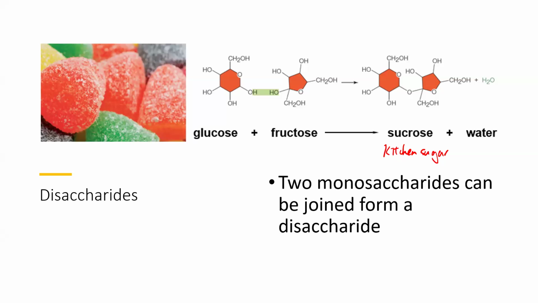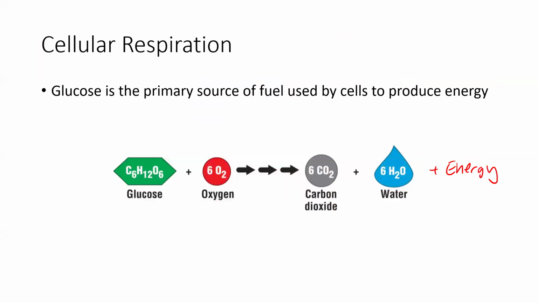Once you break it down, you will be able to burn the glucose in this reaction, and it gives you energy. That's why sometimes you're falling asleep in class and you have some candy in the mouth, you might feel a sudden surge of energy for a little bit. Yeah, that's the glucose that you're burning, and it gives you the energy.